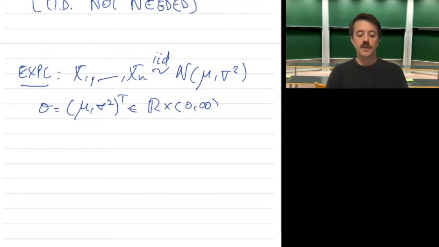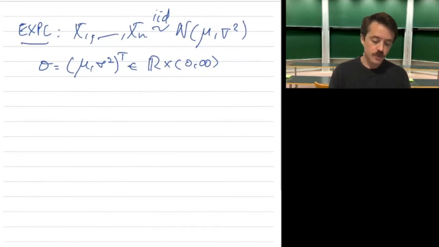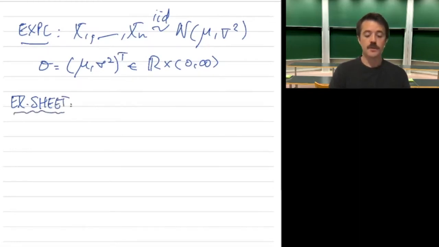Okay, so I'm going to skip some details here because this belongs to an example sheet. In the example sheet, what you will have to do is find the maximum likelihood estimator of theta here, so you need to find two values.